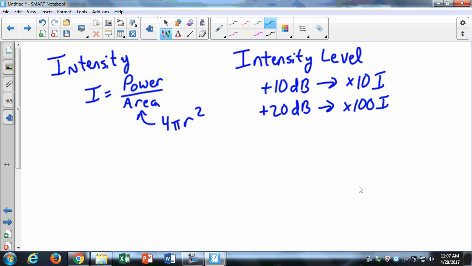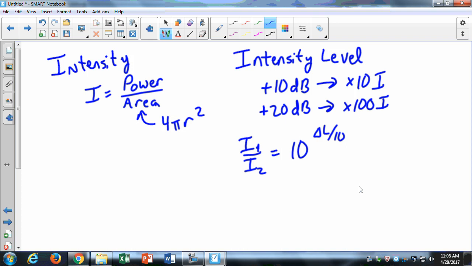I also want you to be able to compare two different sounds. I gave you this expression, and we used it the other day: I1 over I2, if I'm comparing two different sounds, is equal to 10 to the delta L over 10. We worked through a problem last time and in class prior to that, comparing two sounds.